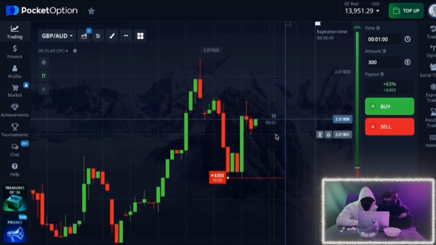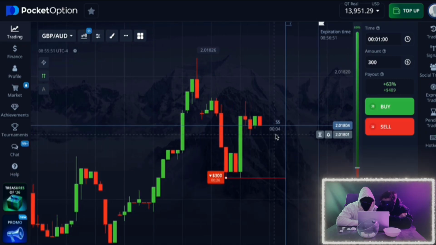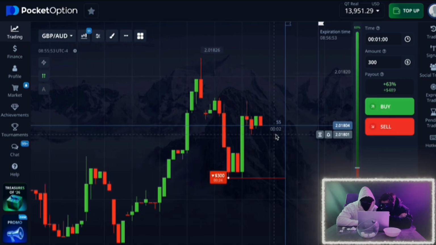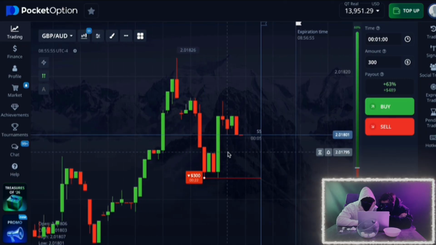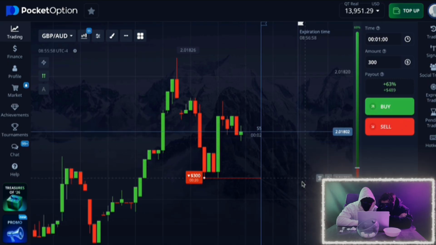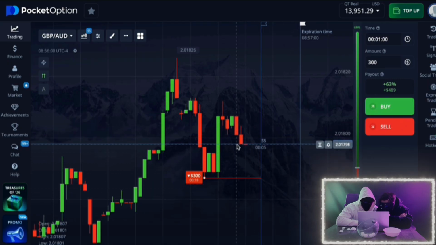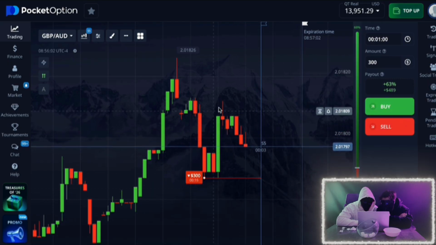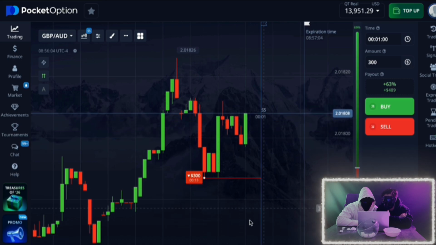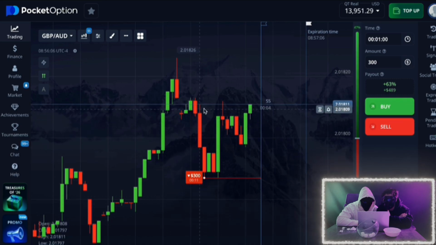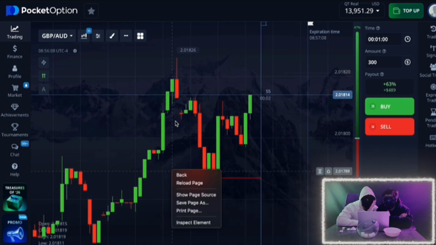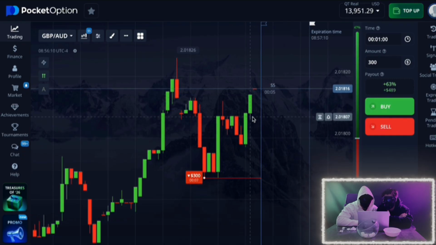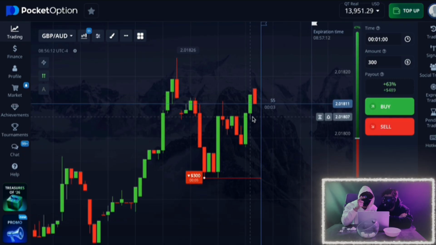So 30 seconds left. This trade is very risky. Oh no, I think I'm going to start this video with a loss, but that's okay, I'll bounce back in the next trades.